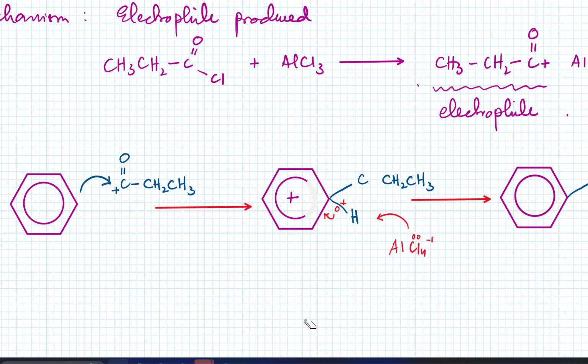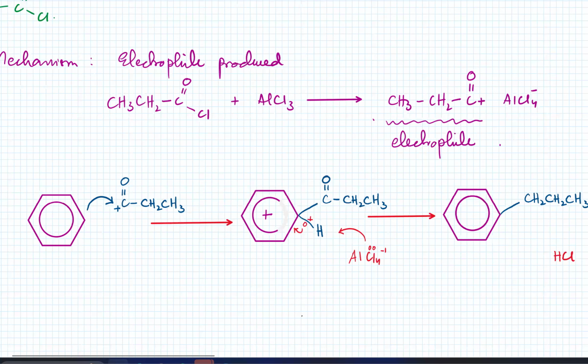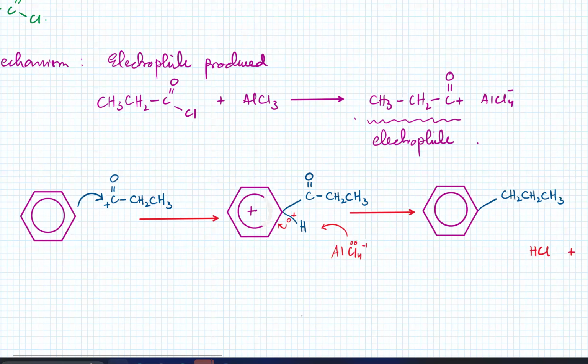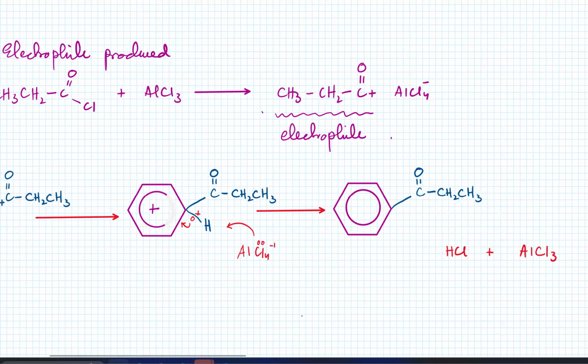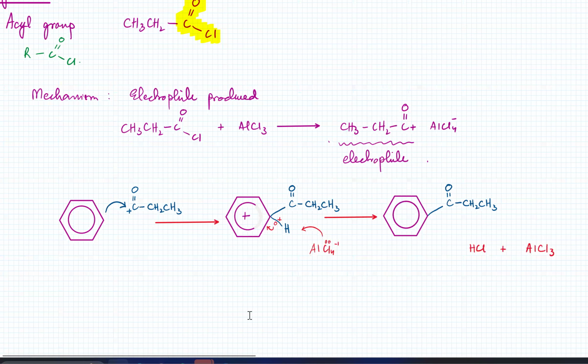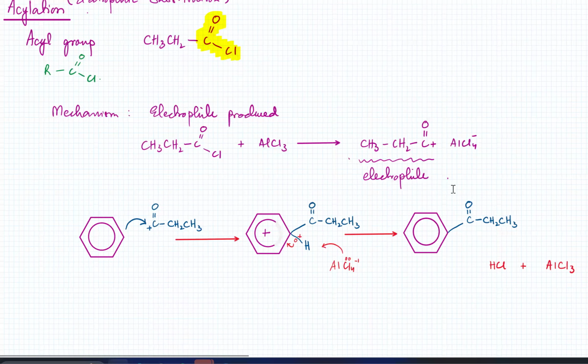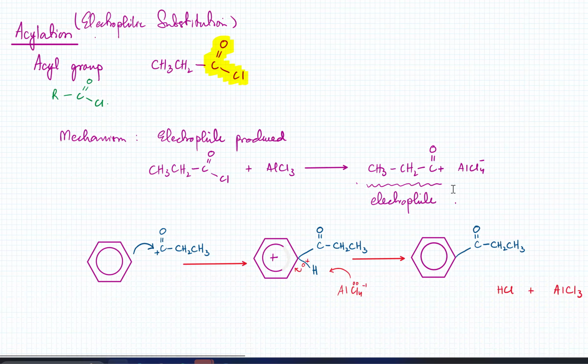So this C double bond O is now attached. Exactly the same thing. First the electrophile is produced, and then the electrophile attacks and joins with the benzene. So this is known as acylation.